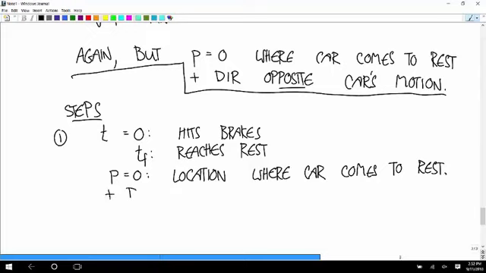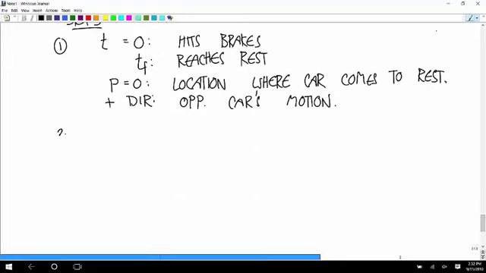And the positive direction is opposite the car's motion. And now, out of this list of 6 variables, time final, acceleration, position initial, position final, velocity initial, and velocity final, we want to figure out which ones we know and which ones we want.